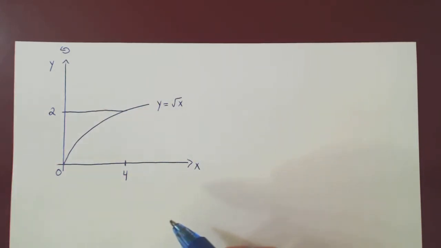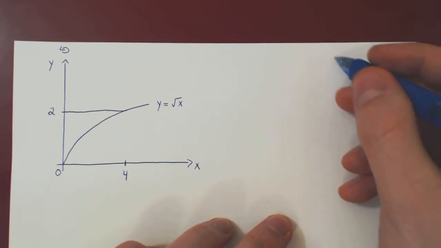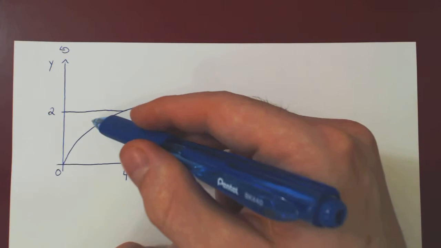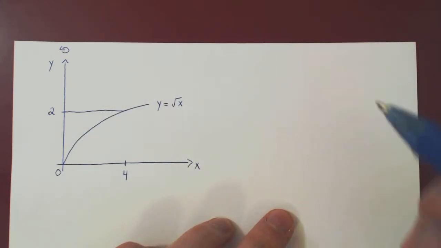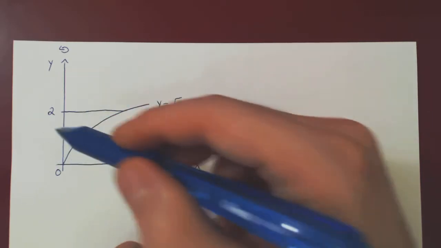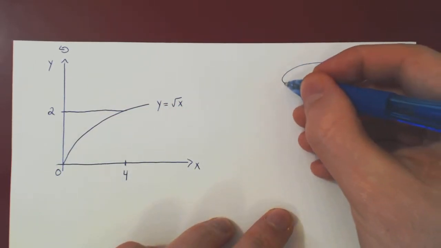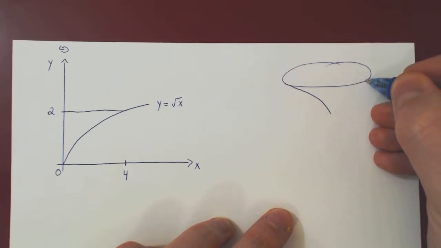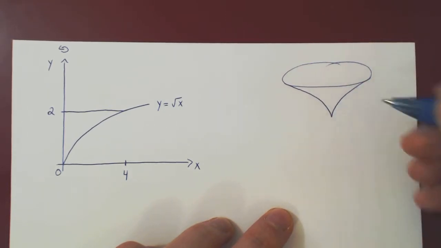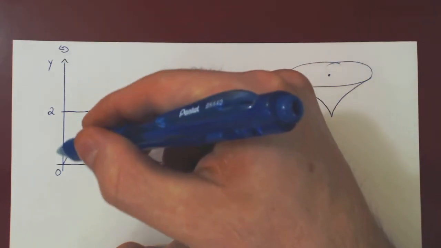It will generate a very interesting solid that you can visualize, and let's try and reproduce here a three-dimensional picture of this solid. Again, obtained by revolving the region about the y-axis. So again, you can see the center of your solid will be the axis of revolution.